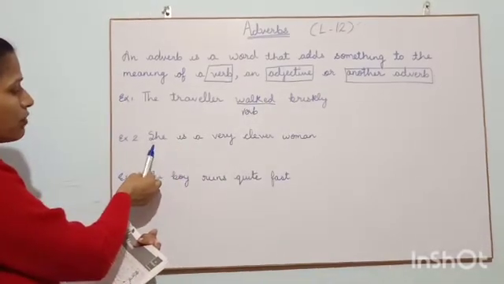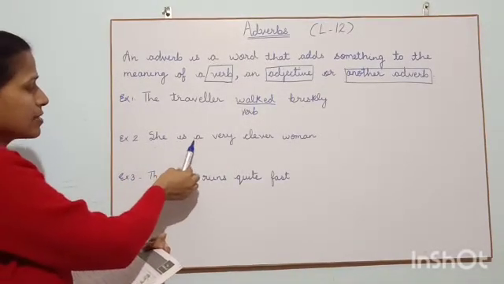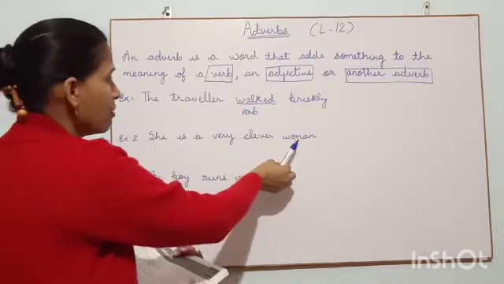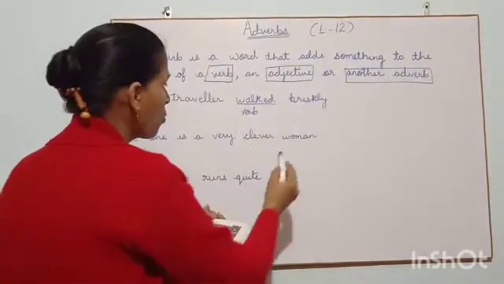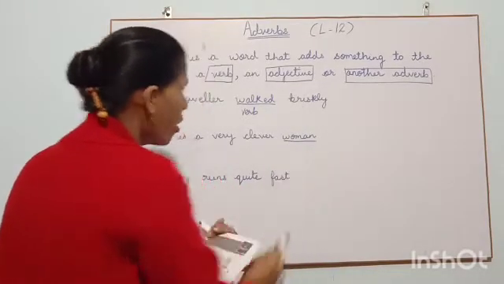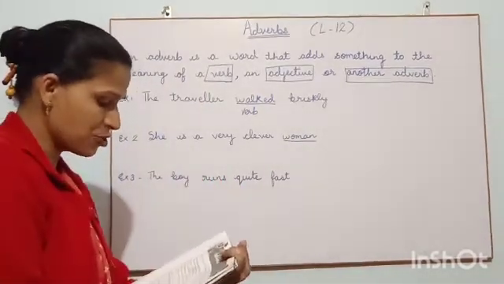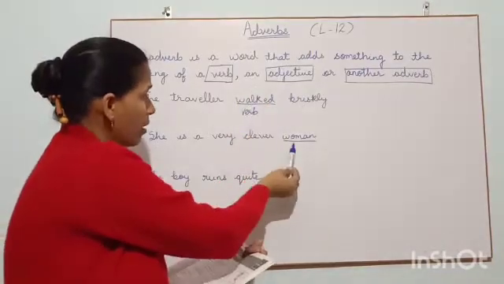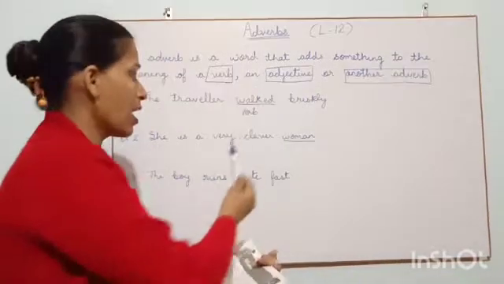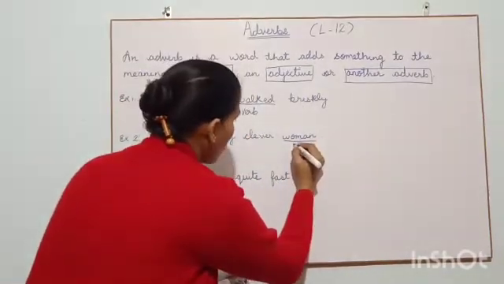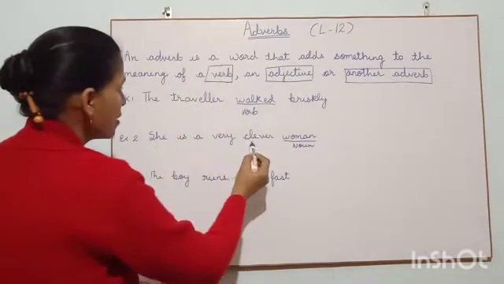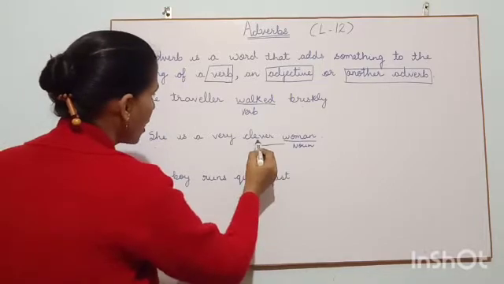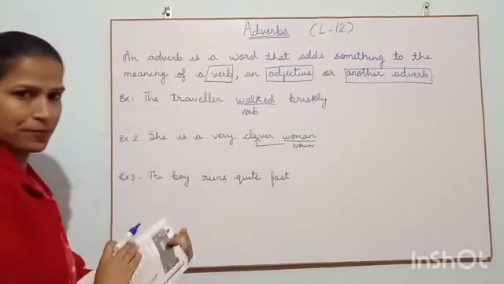Secondly, we will talk about: she is a very clever woman. Now, what we are going to see here, woman is your noun, and this noun is explained here. This is telling you that she is a clever woman.